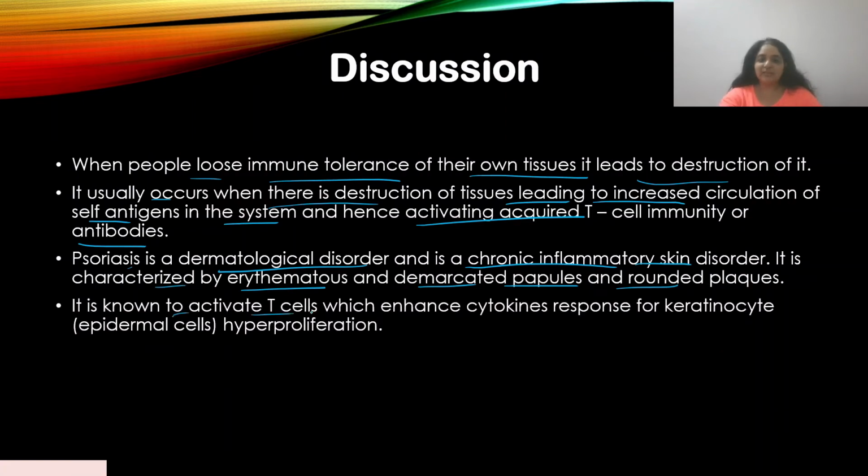So it is known to activate T cells, which enhance cytokine responses for keratinocyte hyperproliferation. Okay, so these T cells enhance these cytokine responses, which then cause hyperproliferation of keratinocytes.